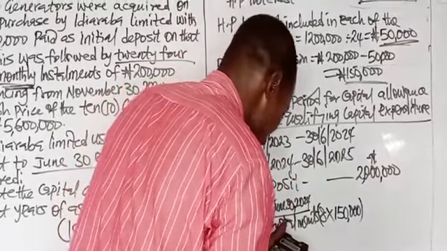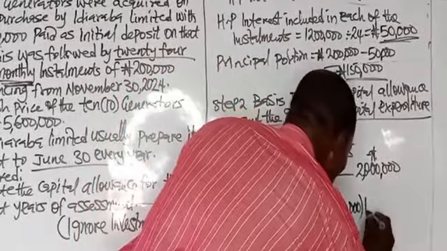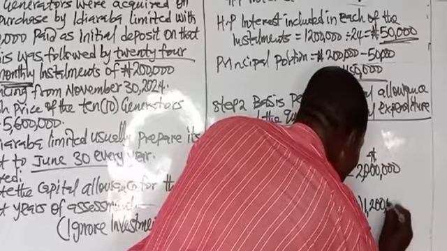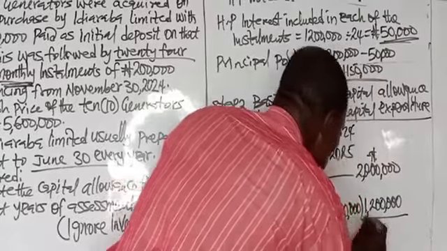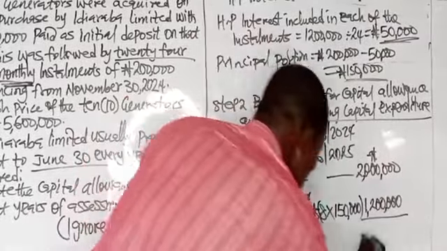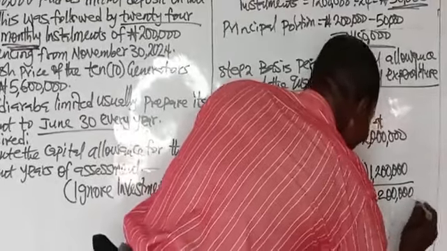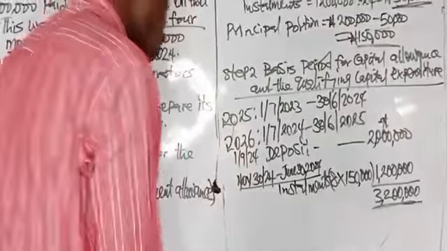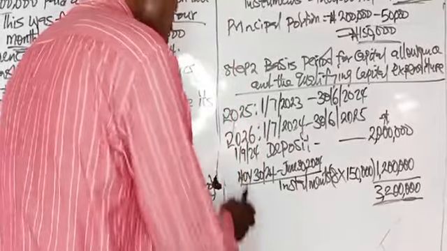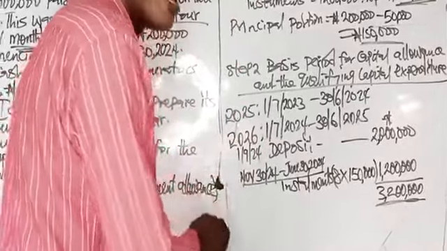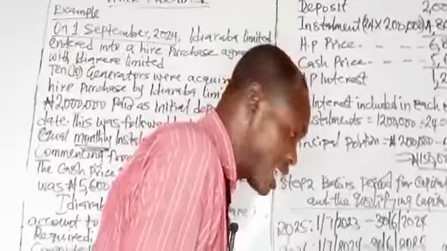That gives us 1.2 million. So if you add 1.2 million to the 2 million deposit, you'll have a total of 3.2 million. This is the qualifying capital expenditure in 2026 year of assessment.